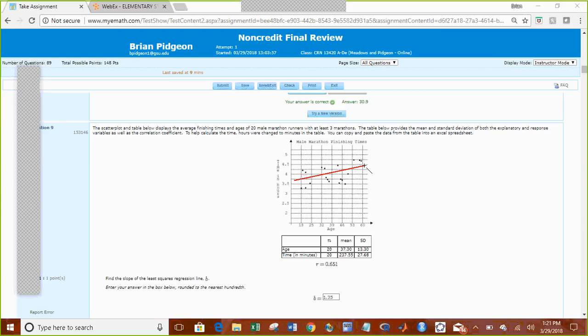So here the slope of that line is 1.35. And so what that tells us is that as our age is increasing, you remember the definition of slope, rise over run. As age increases by 1, we predict that the y value will increase by about 1.35. So as the age of the runner increases by 1 year, the time it takes to complete the marathon will increase by about 1.35 hours.